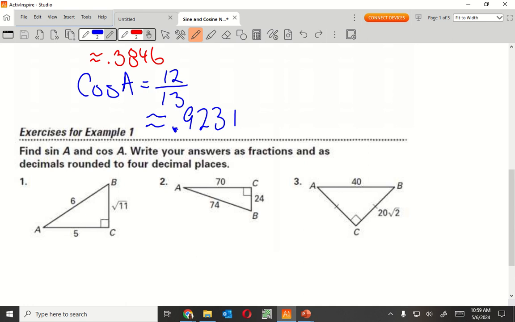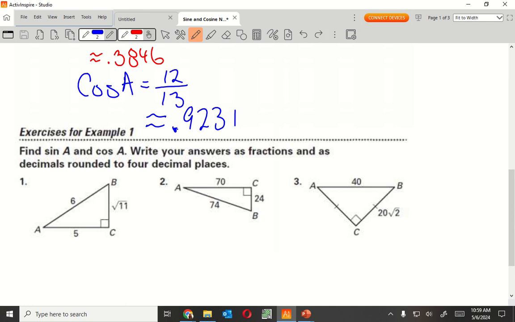Let's try this first. The hypotenuse. Which one's the hypotenuse? Yep, label that hypotenuse. Next one, since we're starting at A right here, which one's opposite A?